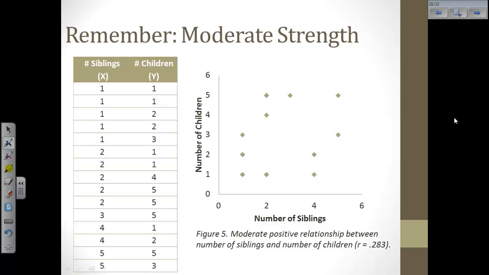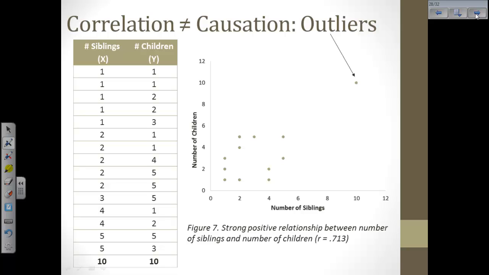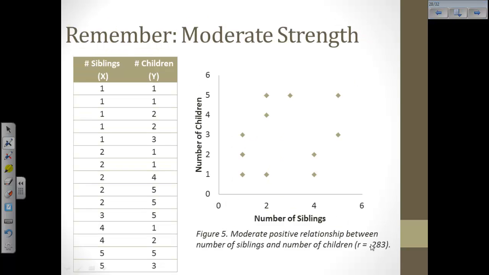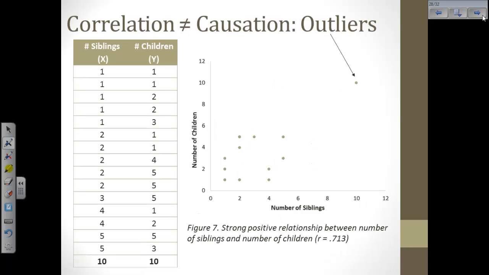Well, the same thing happens with correlation. So remember before when we looked at this moderate strength relationship between number of children and number of siblings. And again, correlation was 0.283, moderate positive. Look what happens when you add one person that had 10 siblings growing up and had 10 children.